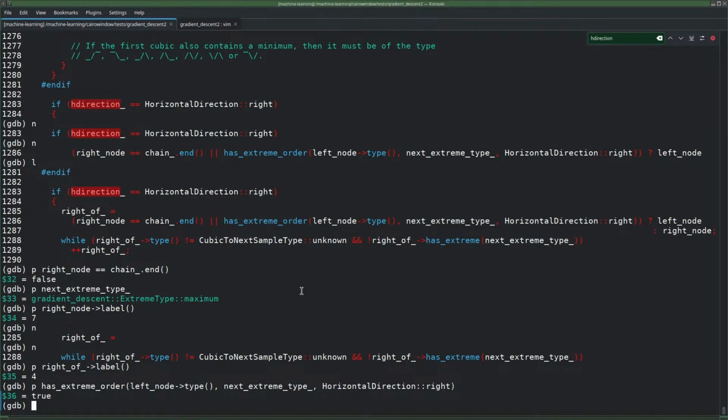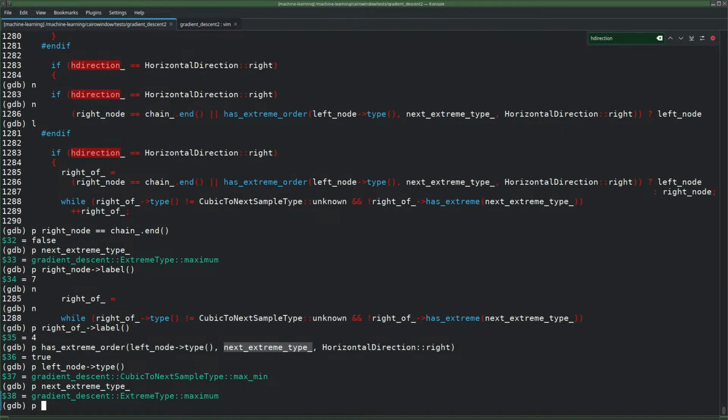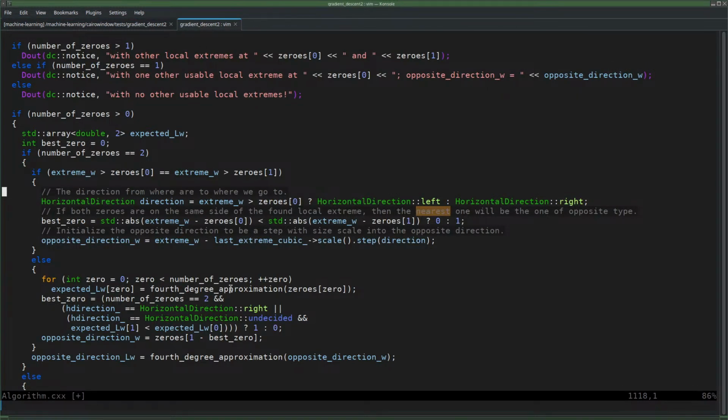Aha. So max min has the maximum on the right. No, it's not. It's just wrong. Aha. Okay, so now we can dig into this because that's definitely a bug. So has extreme order returns wrong value. Oops.